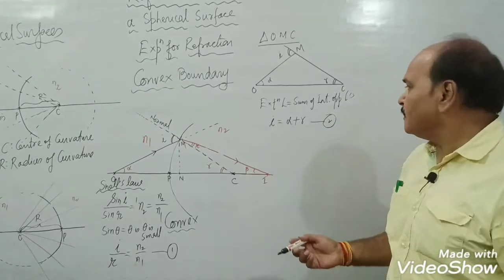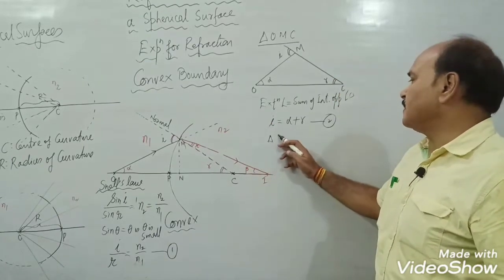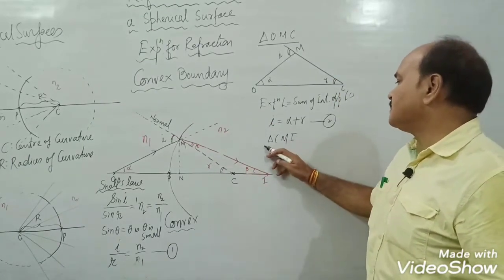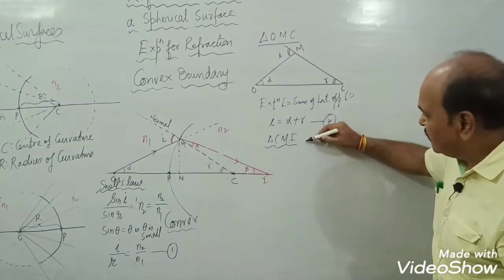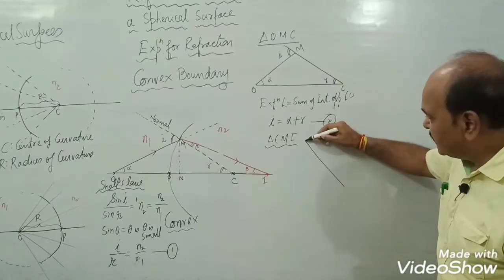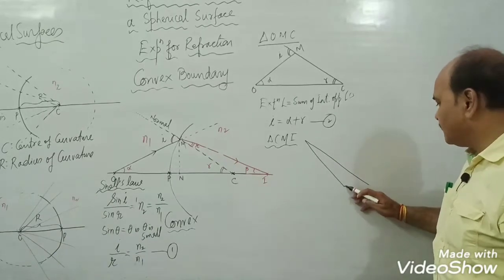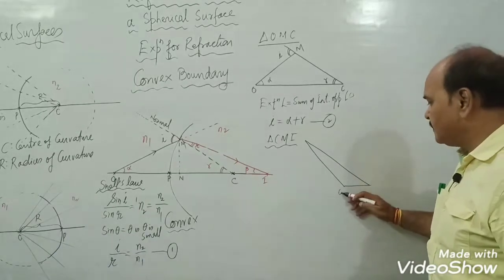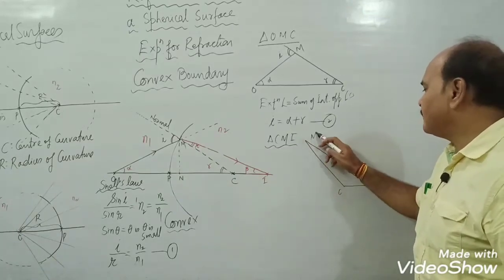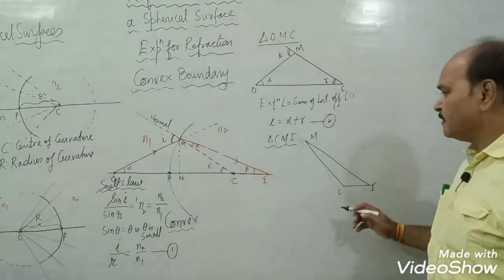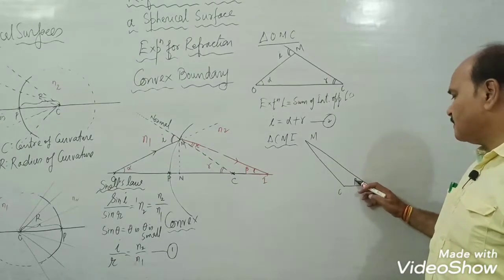Now let us look at another triangle, CMI. I am also going to cut and paste this triangle here. This is C, this is M, and this is I. This angle is beta, therefore this angle is also beta.